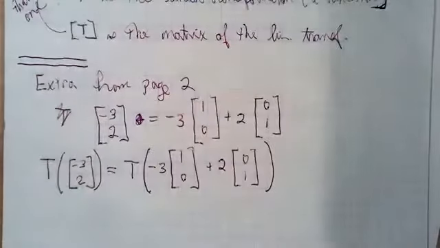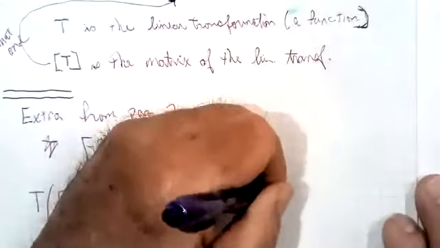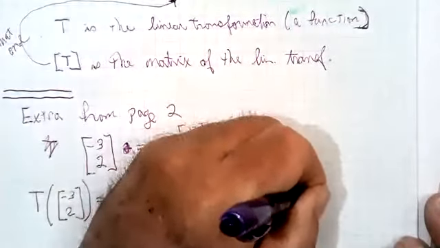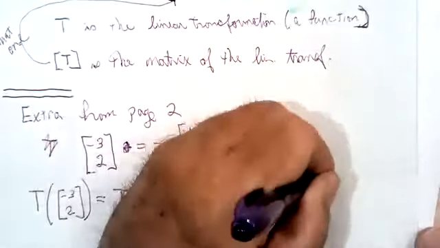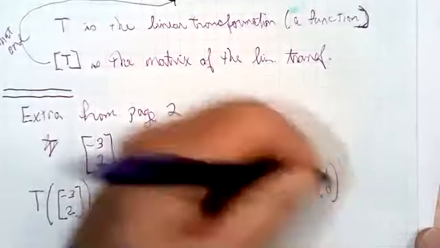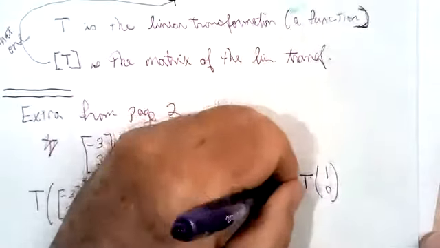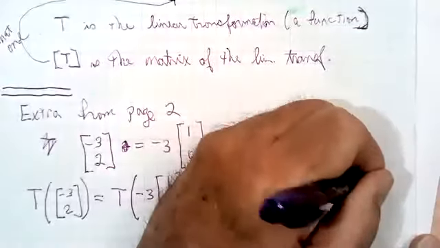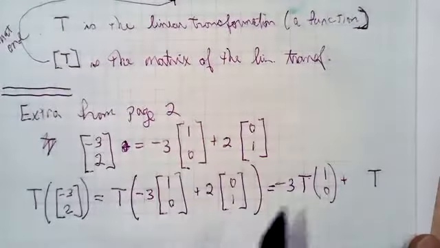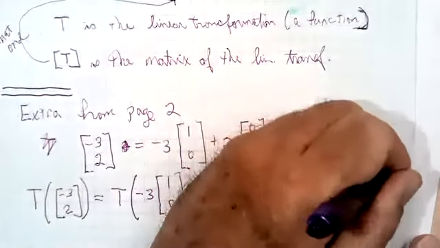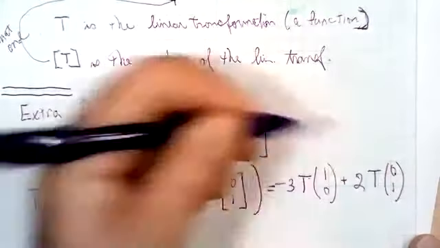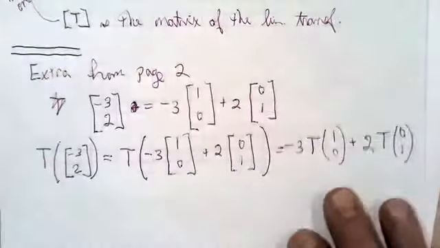So I can apply T first to 1, 0, and then multiply it by minus 3. And then likewise apply T first to 0, 1, and multiply it by 2. That's what it means to be linear.